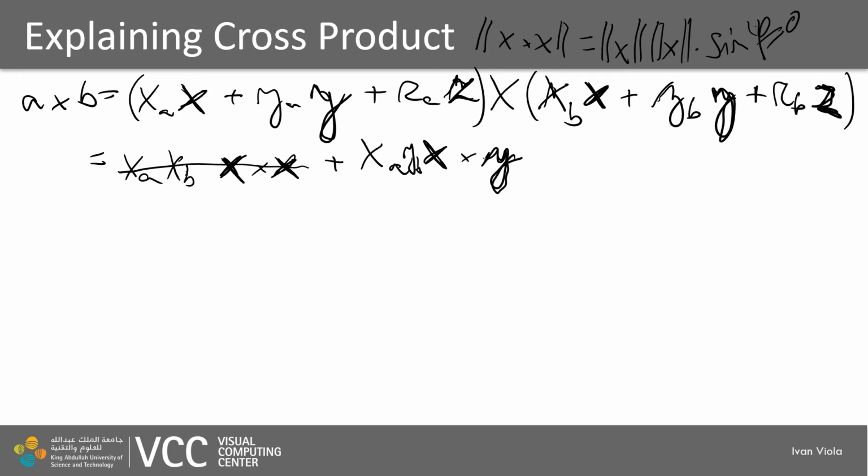It's not a 0 vector in this case, but it is a vector which is perpendicular to these two. In fact, it is the vector Z. So this is a vector Z.